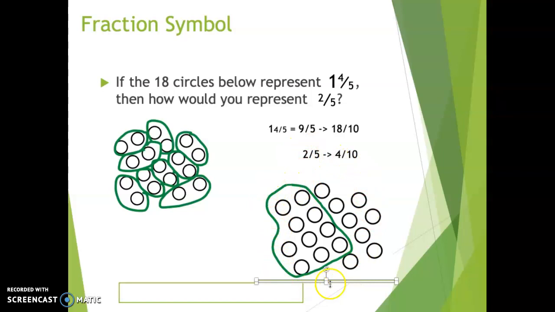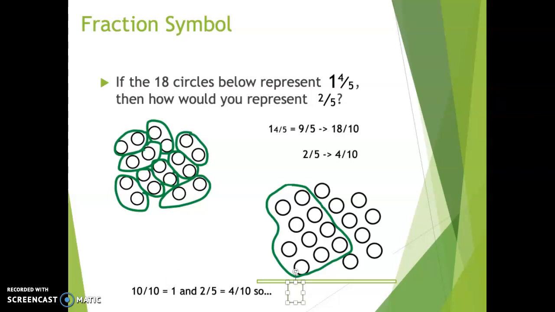So if I have 2 groups, but I'm not looking for a group of 9 and 9, I'm looking for that 10. 2, 4, 6, 8, 10. And so I circled that 10. 10 we know represents 1. 10 over 10 equals 1, and 2/5 equals 4/10.